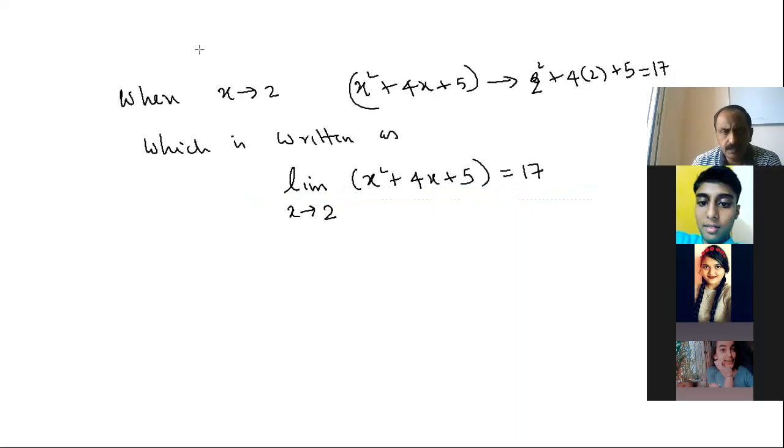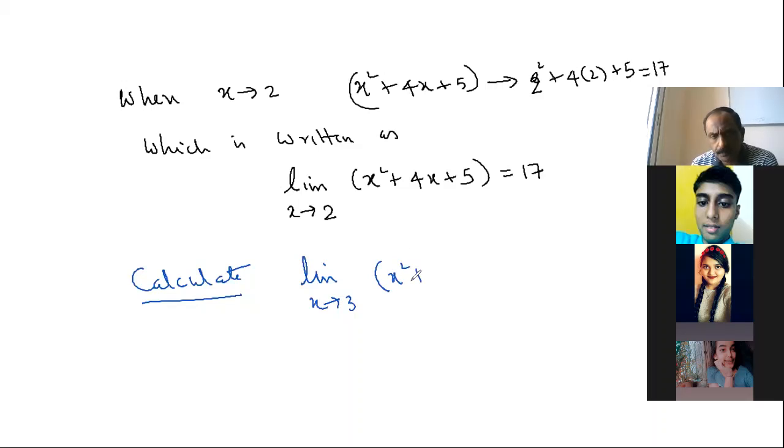Okay. Then calculate. Calculate limit x tending to 3 of x square plus 4x plus 5. Calculate yourself.